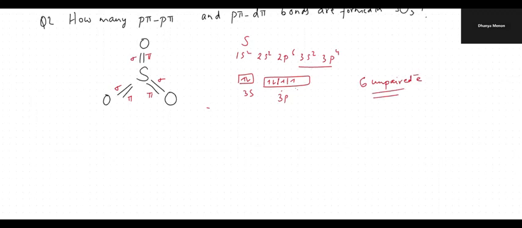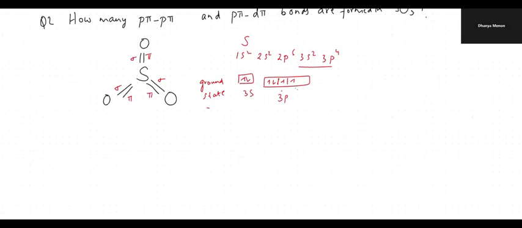So what can be done? This is the ground state. So we have to bring in the 3d orbitals into play.